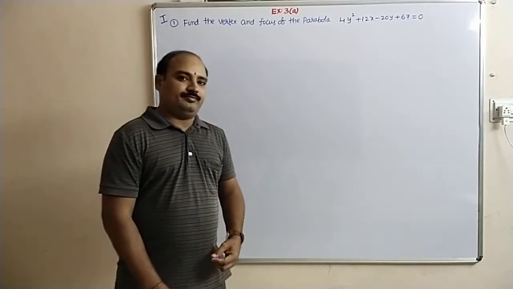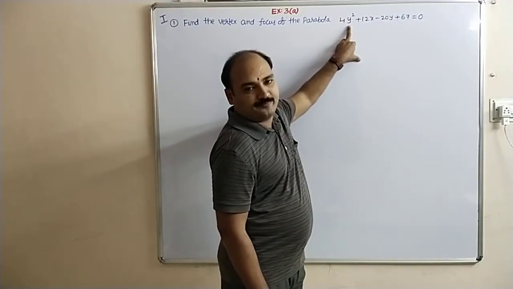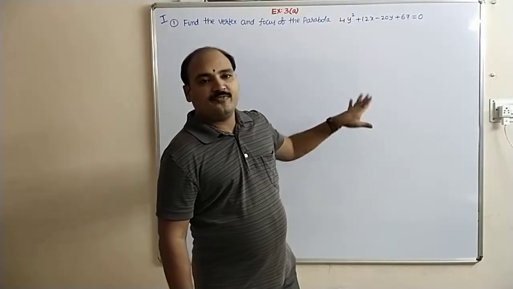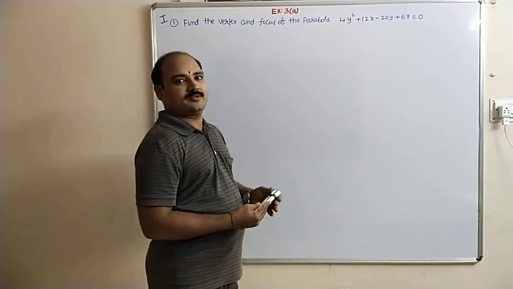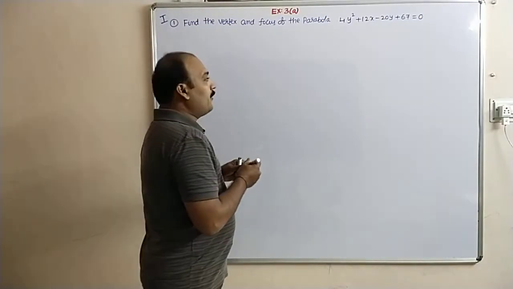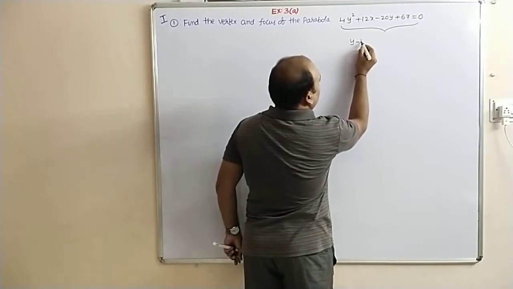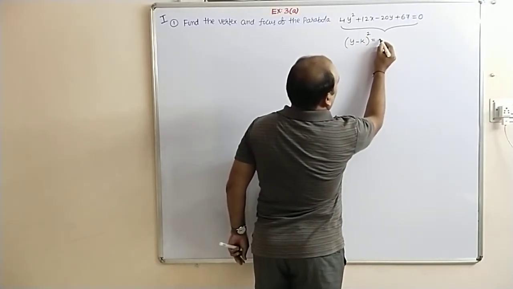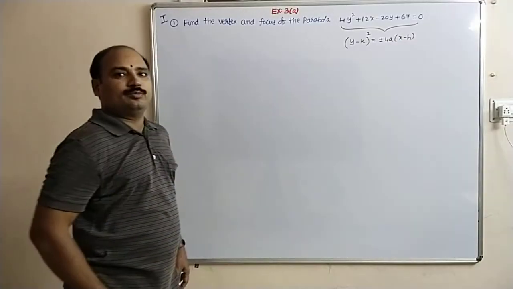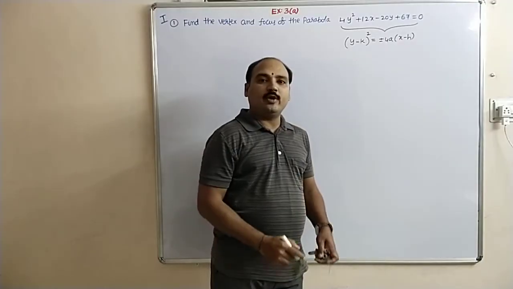First, what we have to do? Here, the y term has the square term, so this curve is symmetric about the x-axis. Now, this given equation of the parabola, we make into the form y minus k whole square equal to plus or minus 4a into x minus h.